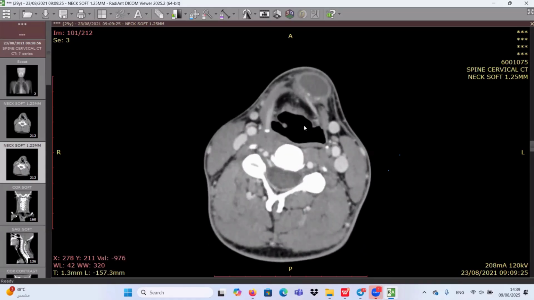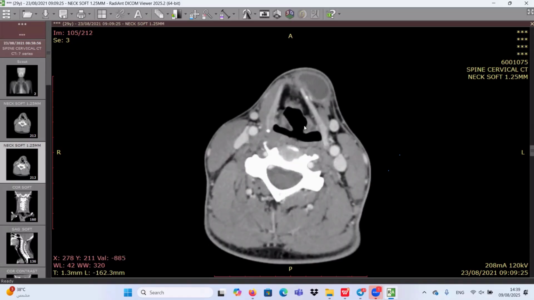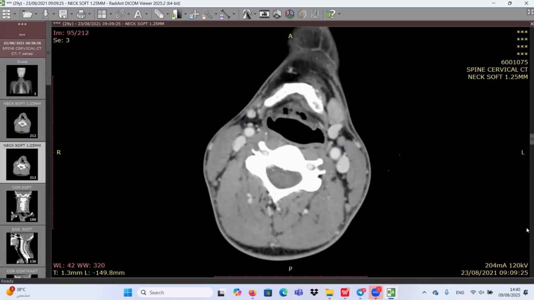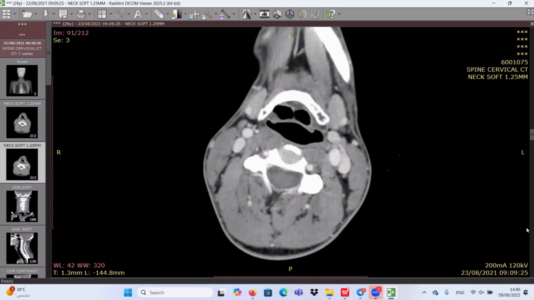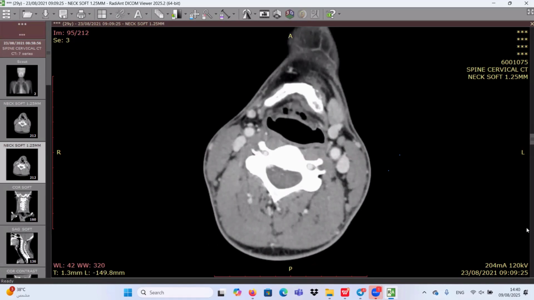The first differential diagnosis, as you said, thyroglossal cyst, is very important. The most common location is infrahyoid, and once we see an infrahyoid location, it is more likely to be paramedian, not midline. However, if we have a hyoid or suprahyoid location, it is commonly seen in the midline.